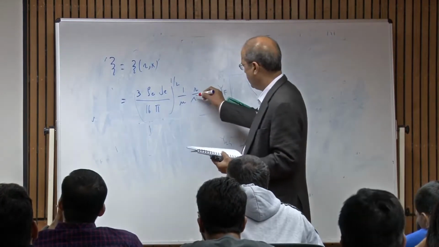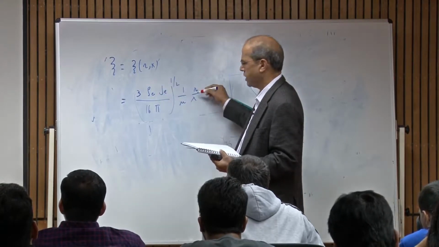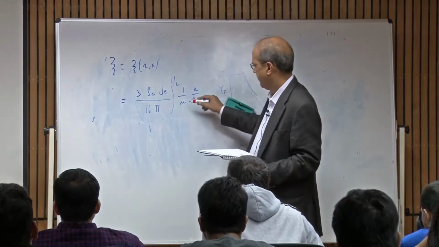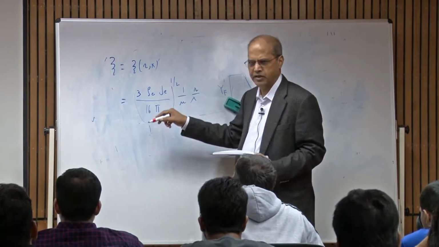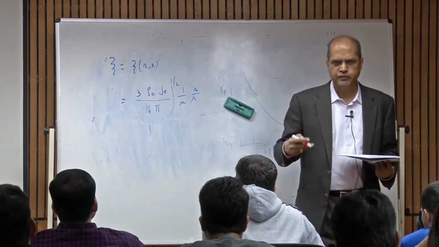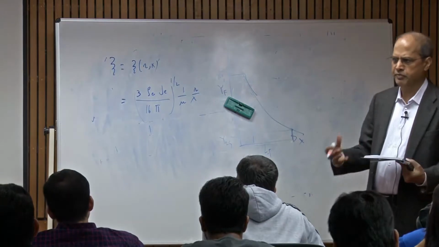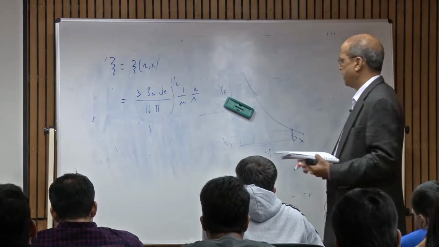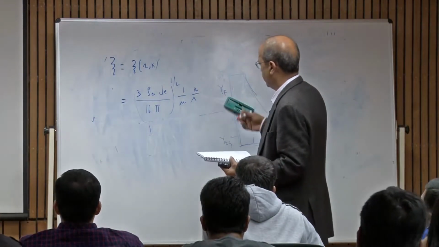So basically, this variable is r over x. The other things are constant. They are included for convenience. They make the equation look a little simpler. But they are not essential for the analysis.